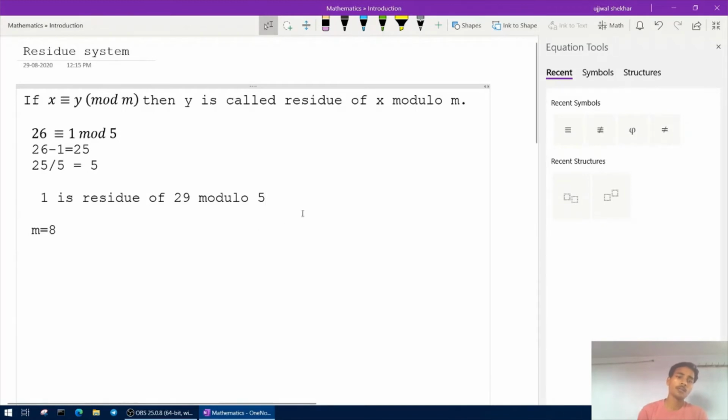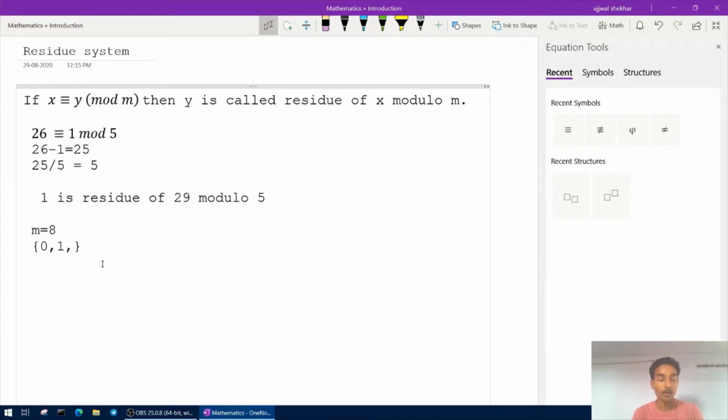So in general, if you are given some m, irrespective of what number you are getting, you know that all of it will be in the remainder part. Whatever remainder you can get from any m will be included in the residue system.